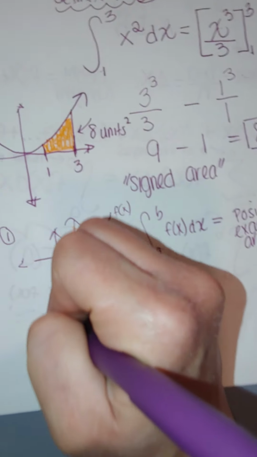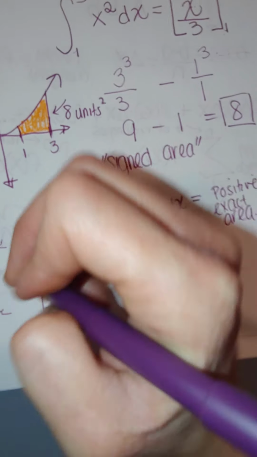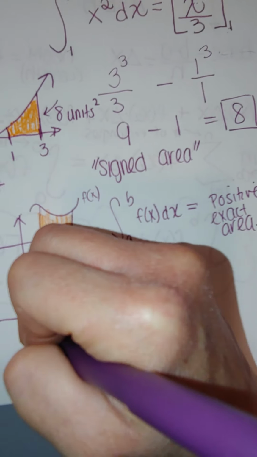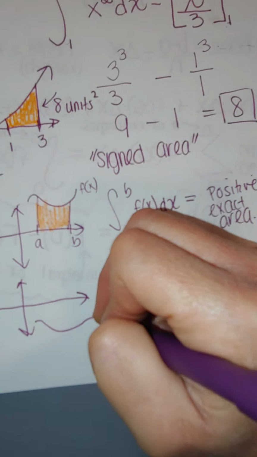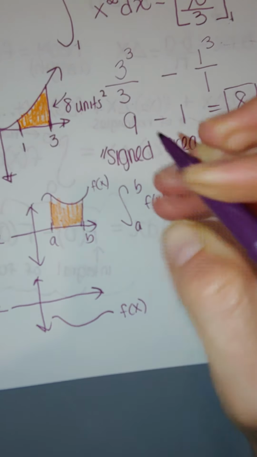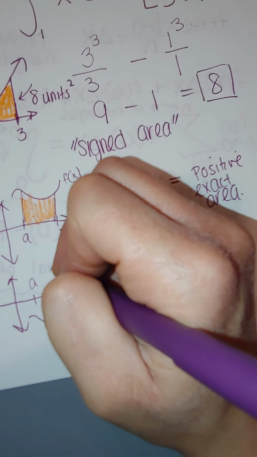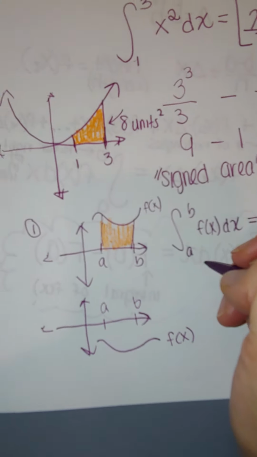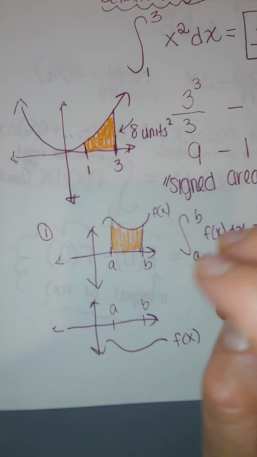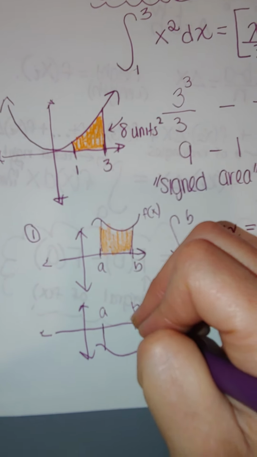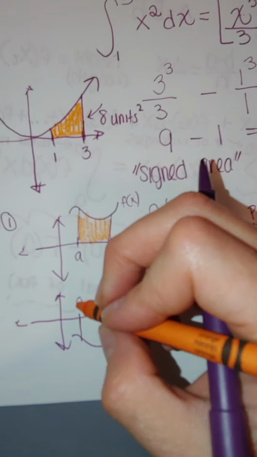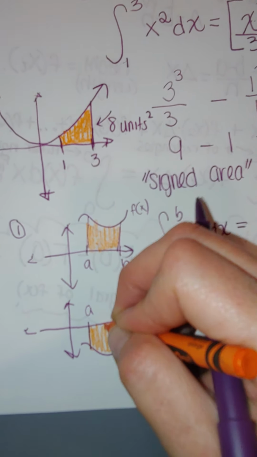If you have an f of x that is completely below the x-axis, and you took the area under the curve, it's always the x-axis to the curve.